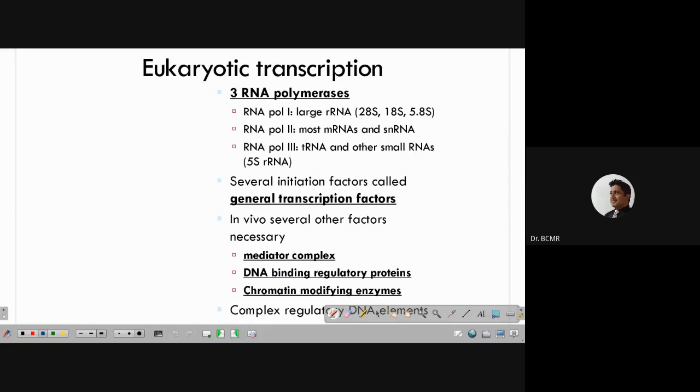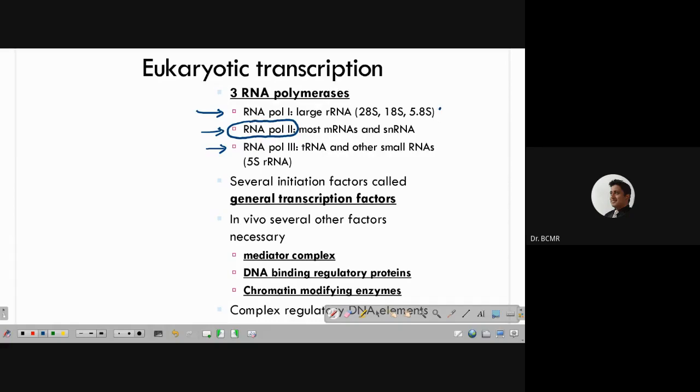There are three different RNA polymerases. In prokaryotes, there is only one RNA polymerase complex. In eukaryotes, there are three different ones. You call them RNA pol 1, pol 2, and RNA pol 3. Most of the mRNAs are synthesized by RNA polymerase 2.